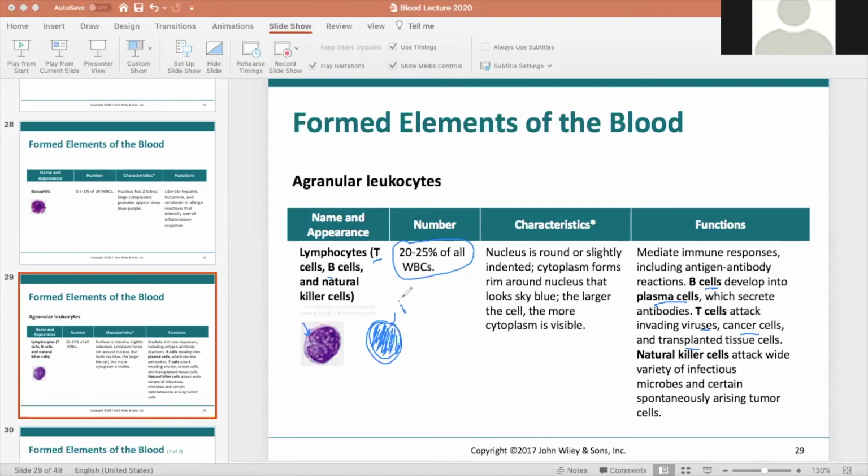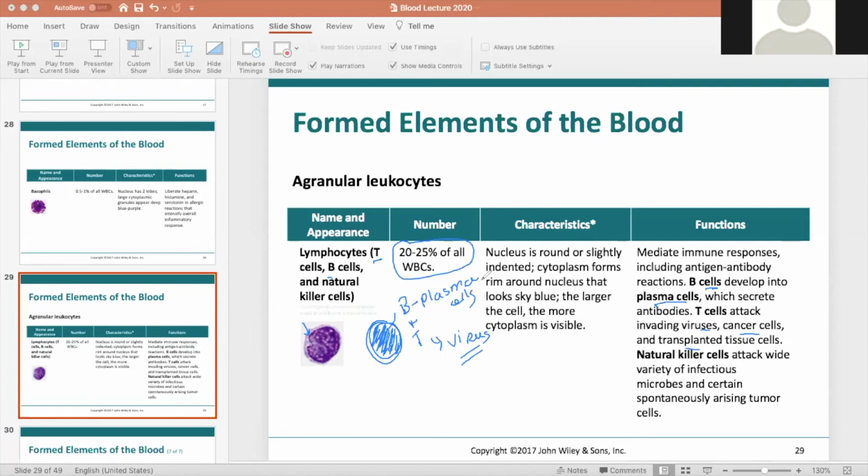So we know that we have B and T cells. These are going to develop into the plasma cells, and the T cells are going to be important for viruses and things like that. When we think about the T cells, we want to think about the viruses and a lot of what is going on right now.